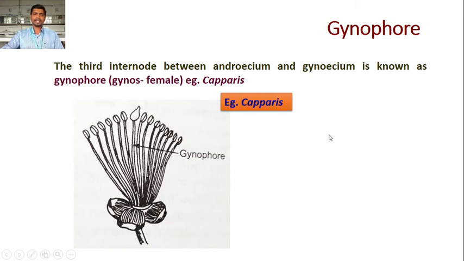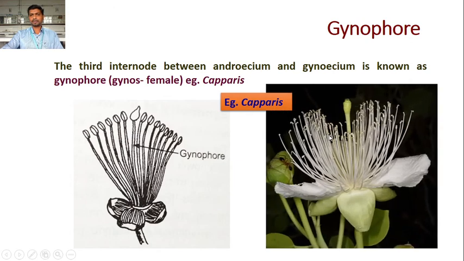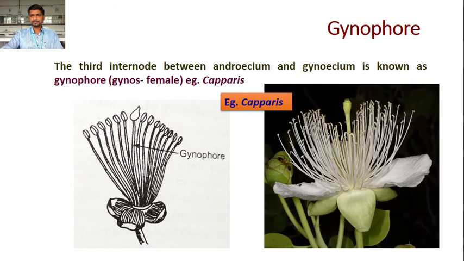For example Capparis. This is the photograph of a Capparis flower, where we can see the number of stamens, the androecium. This is the gynoecium, and the gynophore is the third internode. This portion is the internode between androecium and gynoecium. This is the node on which the androecium has been arranged. This is the node on which the gynoecium is arranged.